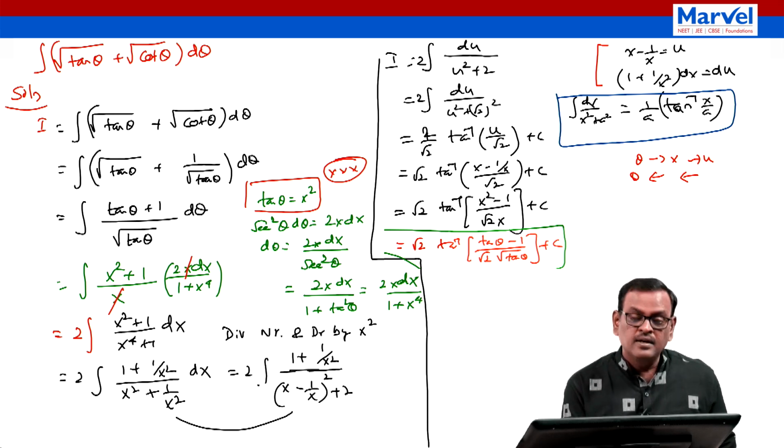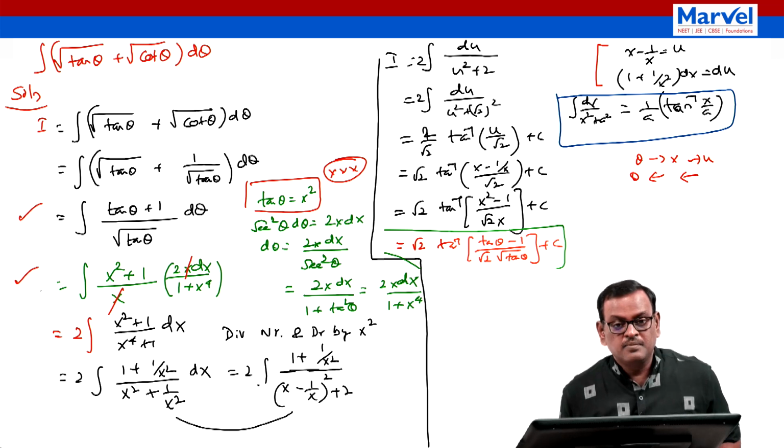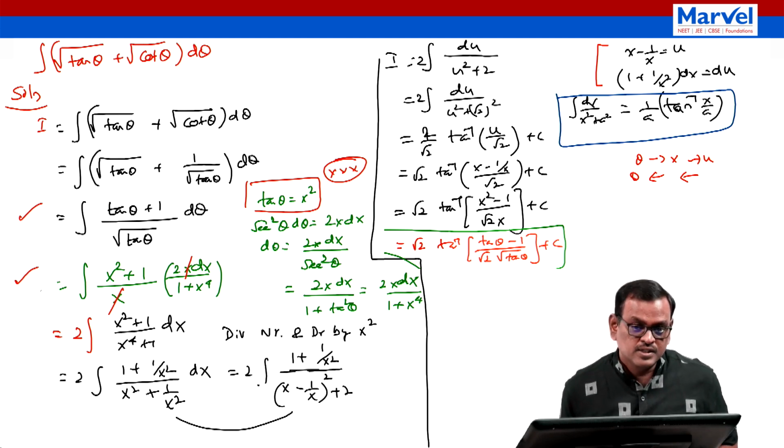This expression was in terms of theta. Now it becomes an algebraic expression in terms of x. The trigonometric expression changes to an algebraic expression. So as we discussed, the numerator has even degree terms of degree 2 and the denominator has even degree terms of degree 4. The working rule is to divide numerator and denominator by x square.